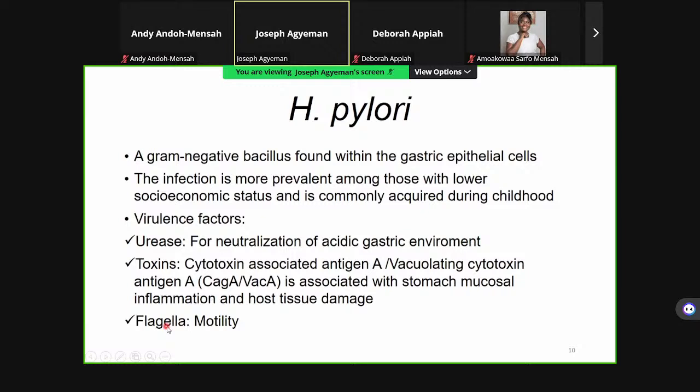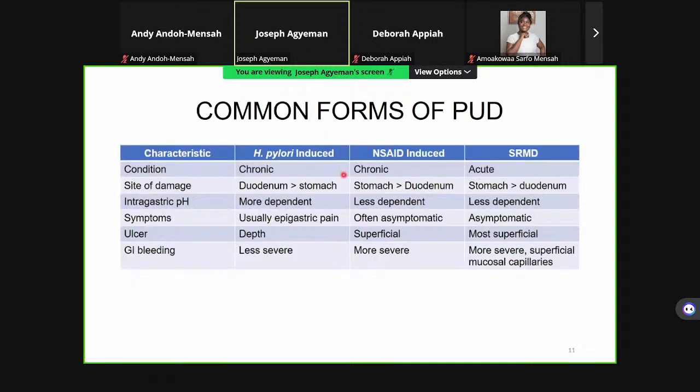With its flagella, it runs away to another area and causes another peptic ulcer. And of course, be it duodenal or gastric, H. pylori normally will have a role to play. So we will look at that. It means that in most cases, you need to identify the presence of this guy, and if it is around, you try to kill it with appropriate antibiotics.